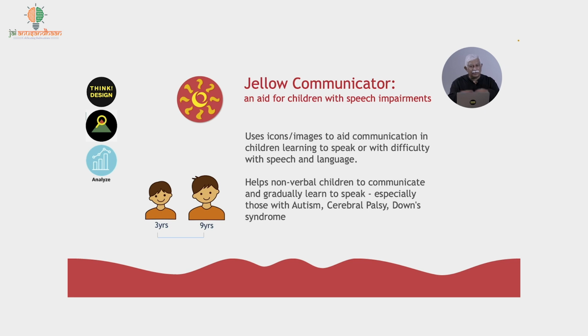So they need additional support in terms of trying to learn the language. Okay, and Jellow is a solution meant for this particular space, especially those with autism, cerebral palsy, Down syndrome and such. And we said it's also going to be applicable for children between the ages of 3 to 9 years.